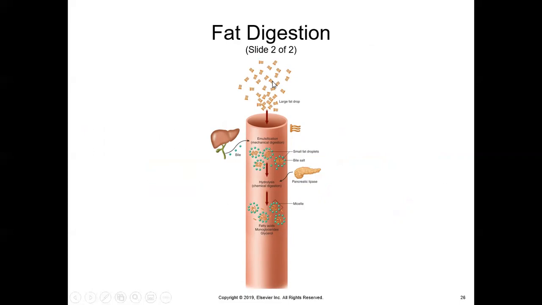So this is what happens. You get large fat droplets that go into your intestine, and then you have bile that's released from the liver. The liver continuously secretes bile, and the bile has the lecithin, which surrounds these large fat droplets and breaks them down into smaller fat droplets.